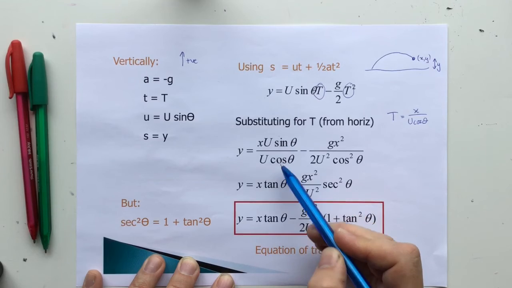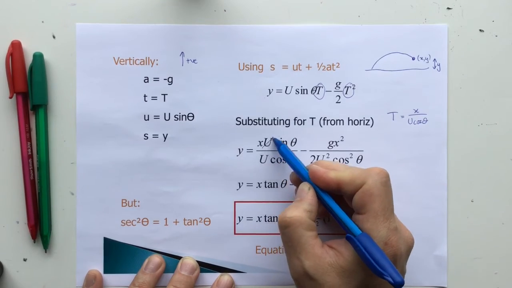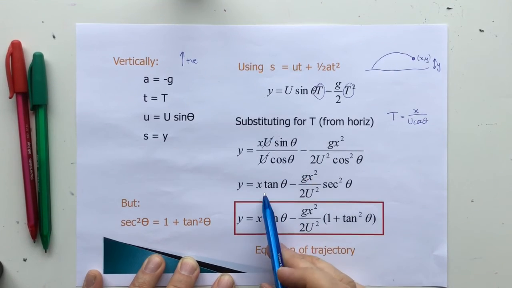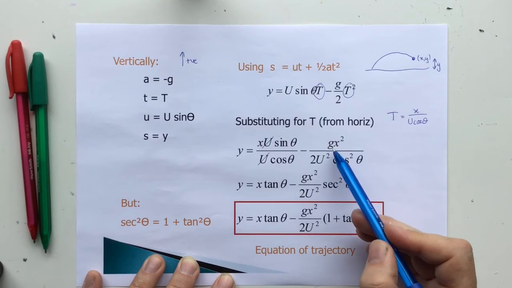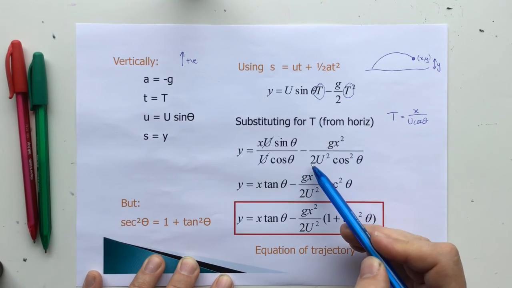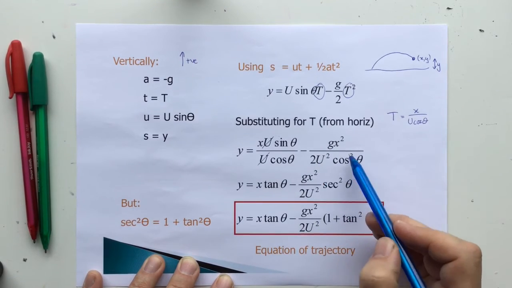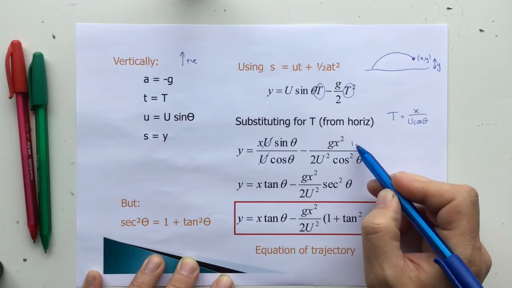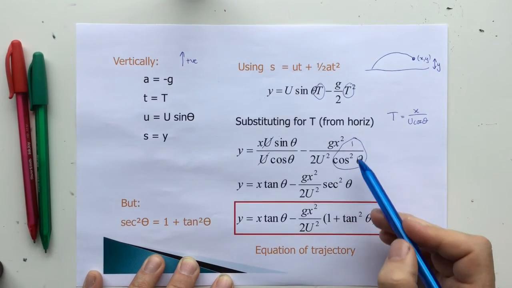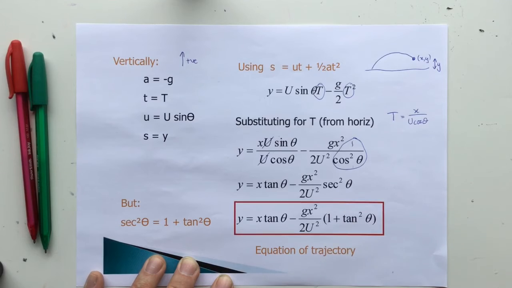We know that sine theta over cos theta is tan theta. This u and this u cancel out, and so we're just left with this fraction as x tan theta. Over here we can get that that's g x squared over 2u squared times 1 over cos squared theta. And that 1 over cos squared theta is the same as sec squared theta.